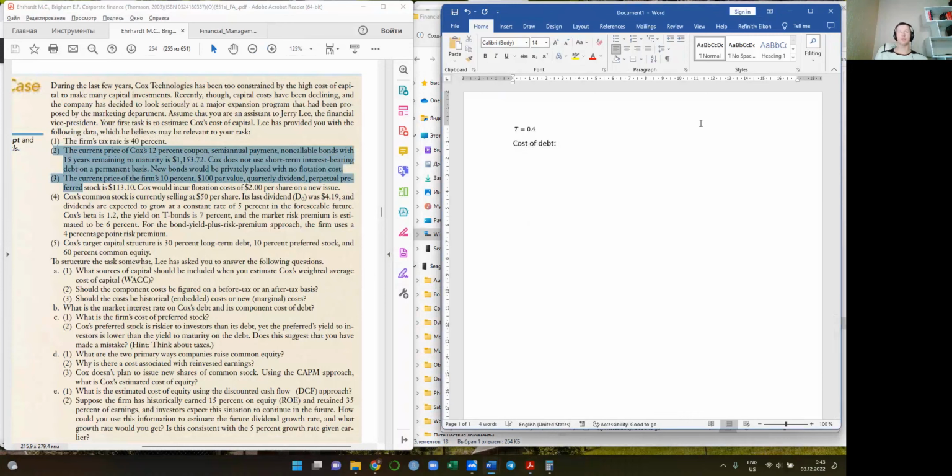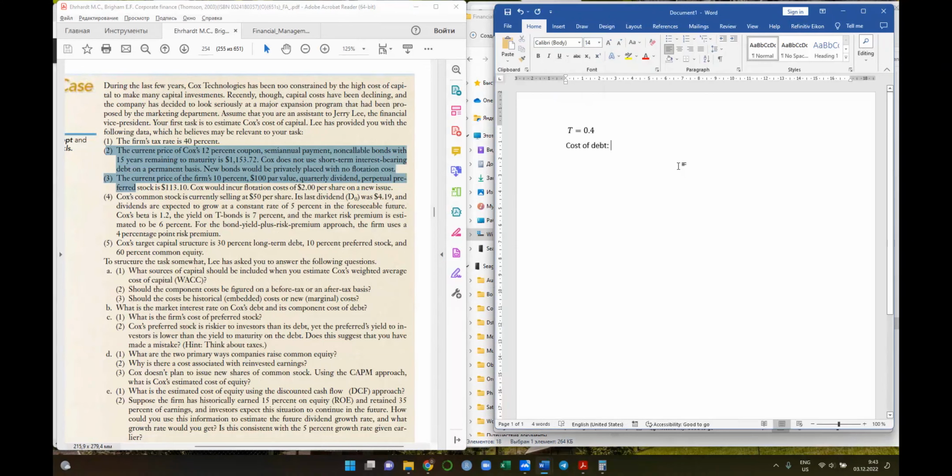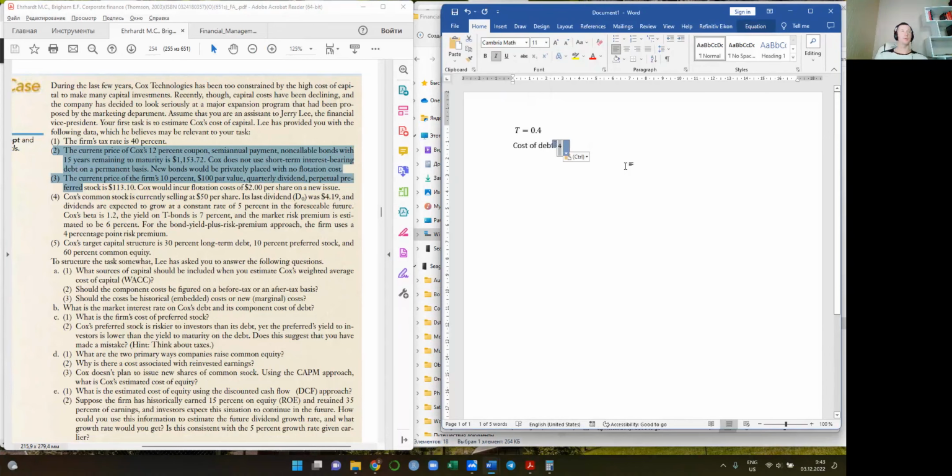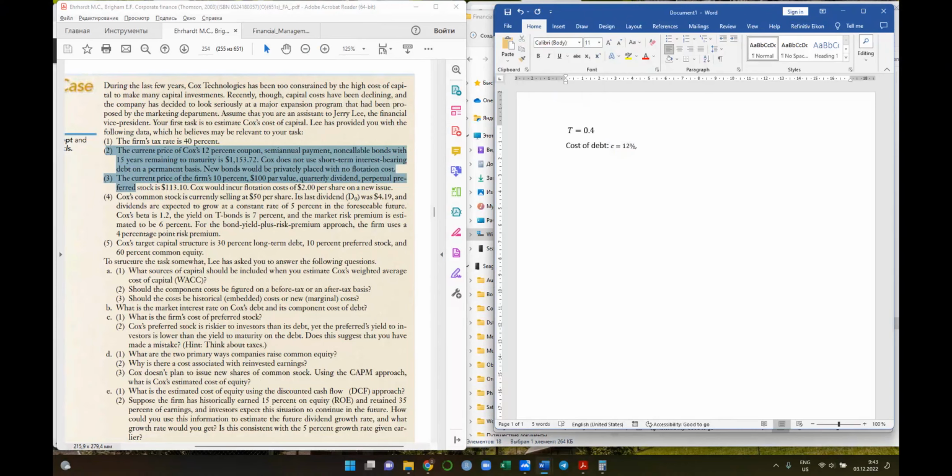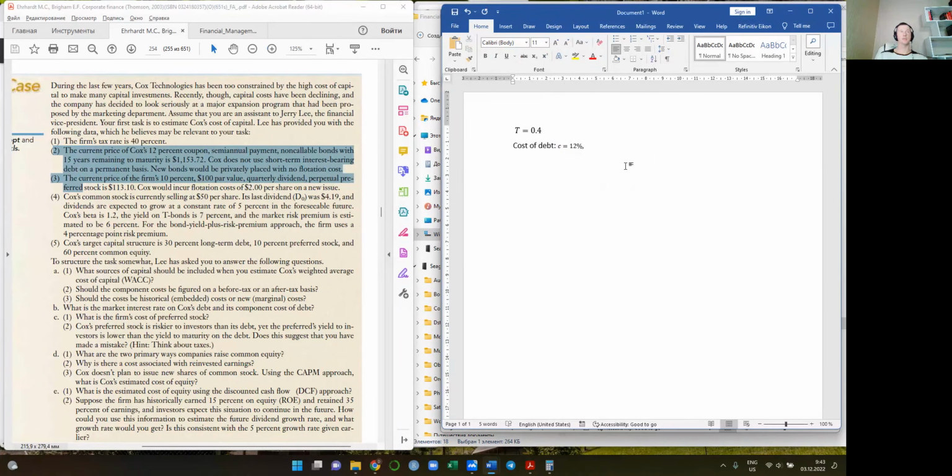So for the cost of debt, we have the following data. We know that the coupon is 12%. We know that there is semi-annual payment. The maturity of these bonds is 15 years. The price P0 is 1153.72.